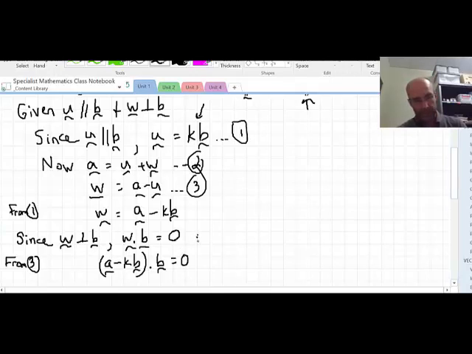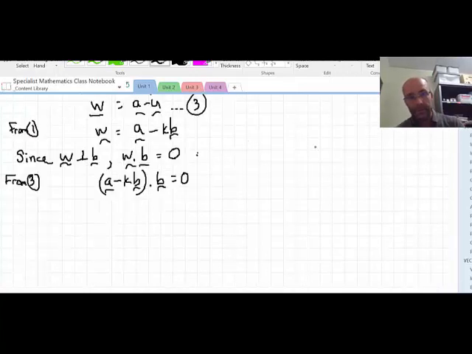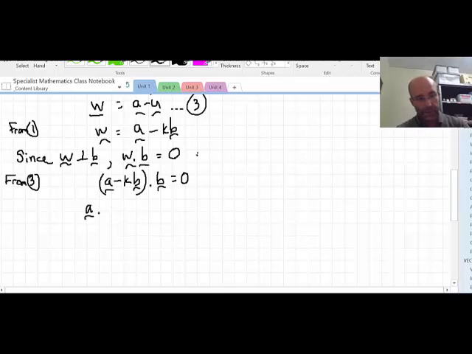Expanding that out, using our past properties of scalar product, A dot B minus K B dot B still equals 0.